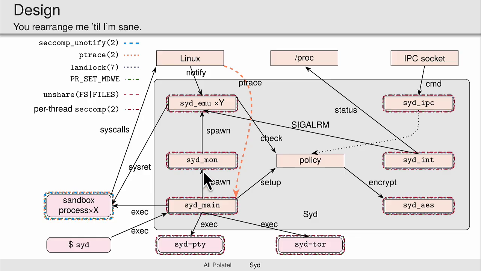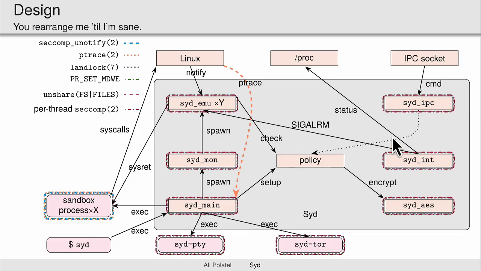The monitor process in turn starts spawning emulator processes. There can be more than one emulator process because each one is responsible for handling a single call. So there can be more syscalls, and we don't want them to block. And to fix the interruption problem, we have an interrupt thread that periodically reads from proc and interrupts syscalls, right?